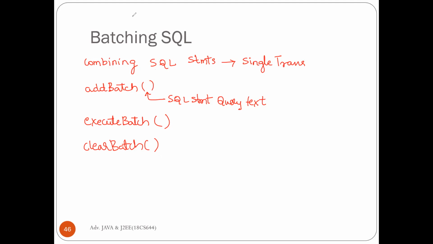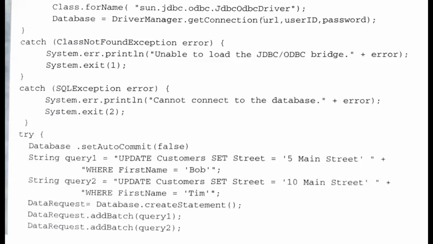Let us look at an example. Let us consider the same two queries which we discussed, query 1 and query 2, updating the customer street values for two customers, Bob and Tim.